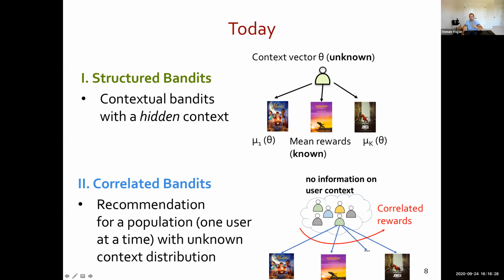So with some prior, loose, but some prior information on such correlations, we are trying to improve the cumulative reward of the classic bandit setting in this correlated bandits model. So there will be these two extensions that I'll talk about, and I'll talk about what algorithms we have proposed for that, and what are the performance results associated with that. So today's outline will be on these two models.